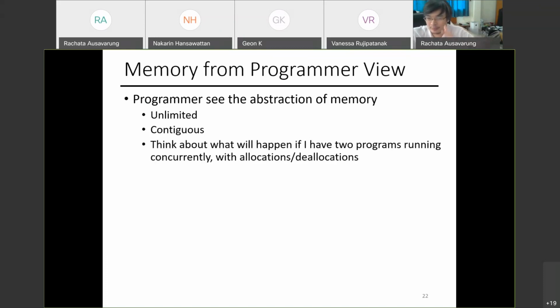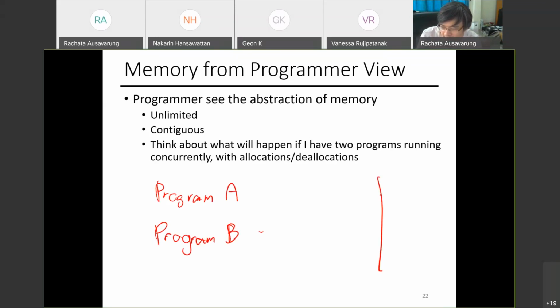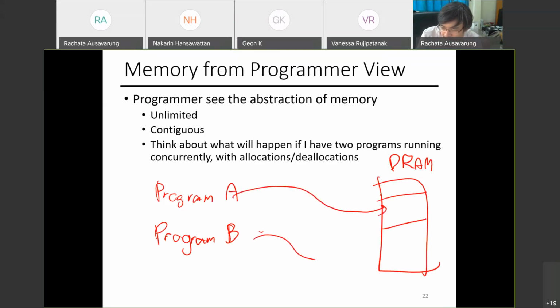You don't have to think about what will happen if I have two programs running at the same time, program A and program B. And this is your DRAM. Let's say program A owns this, program B owns this.